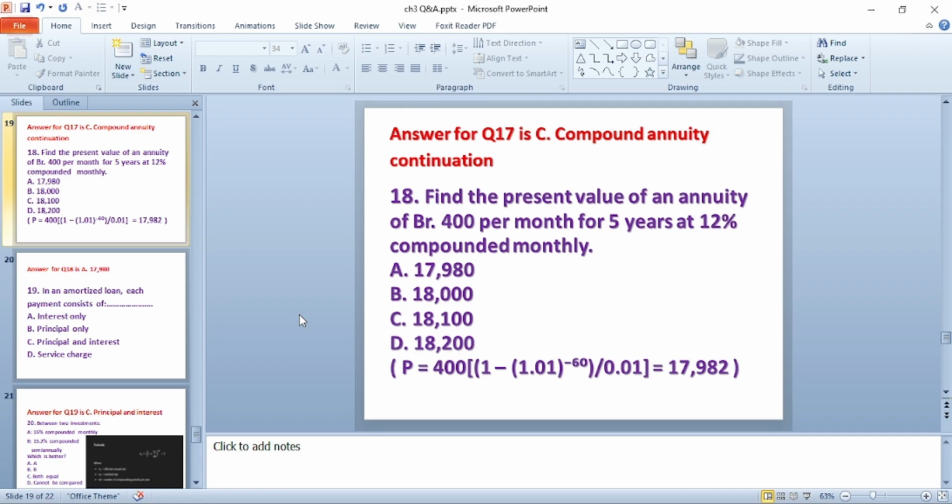Question number 18. Find the present value of an annuity of BIR 400 per month for 5 years at 12% compounded monthly.